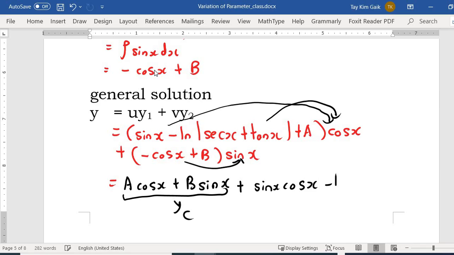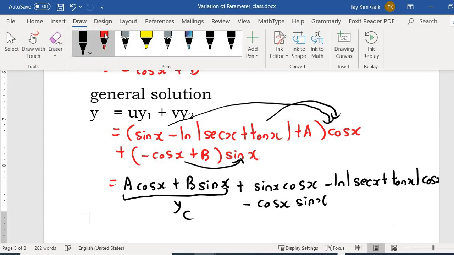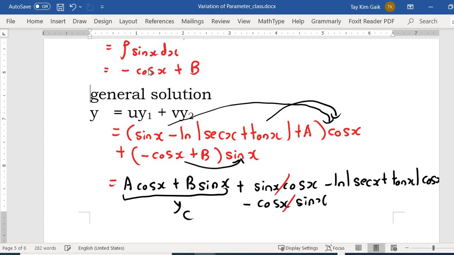Okay, minus ln secant x plus tangent x multiply cos x, and then minus cos x sin x, minus cos x sin x. So these two terms cancel.